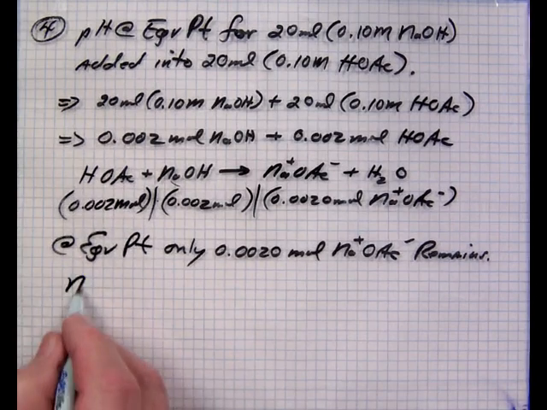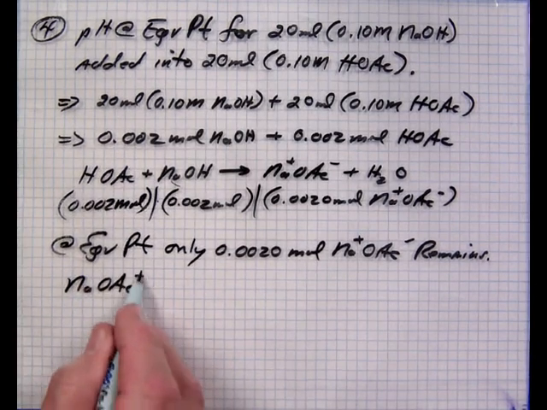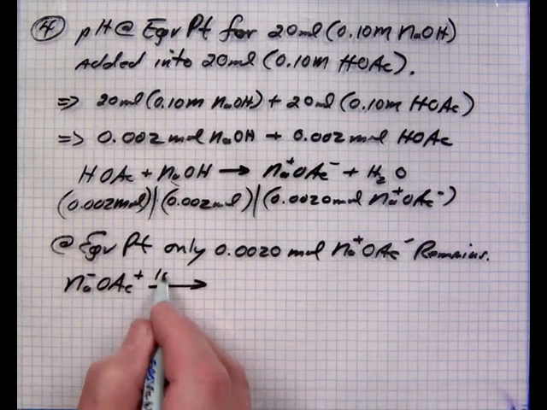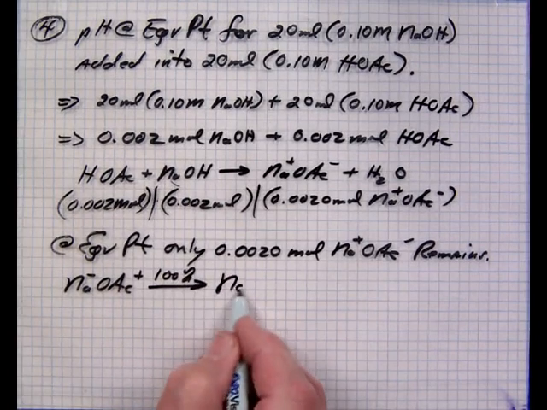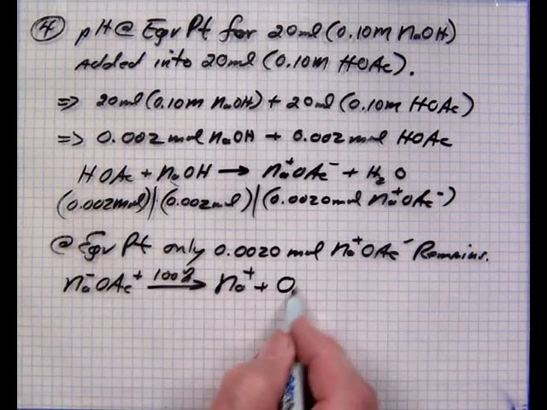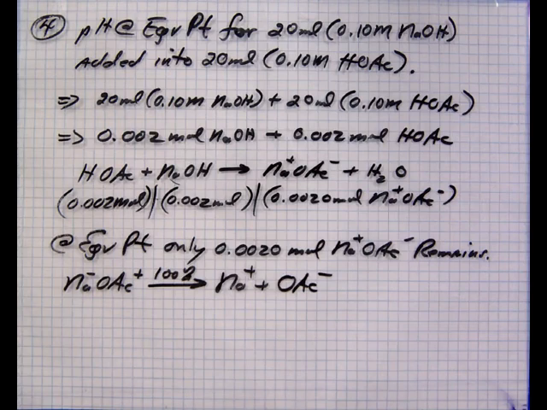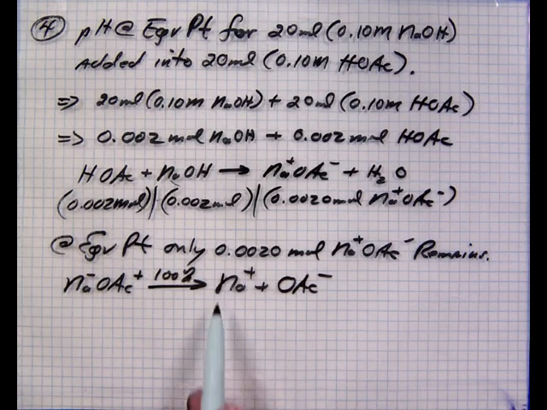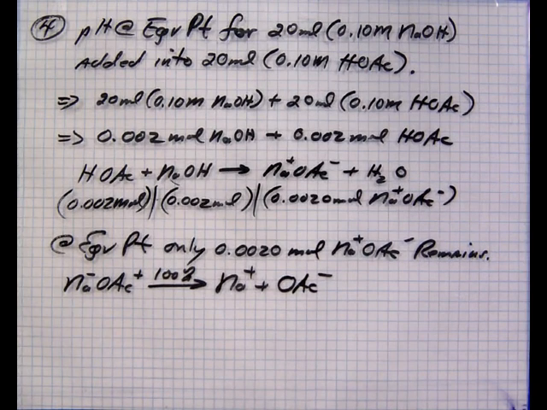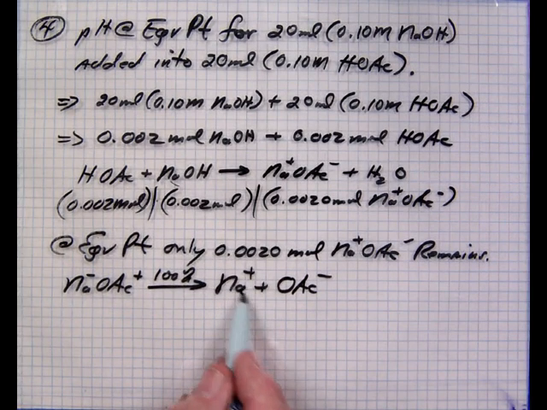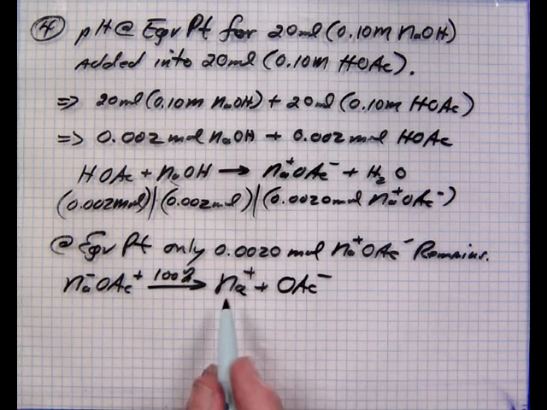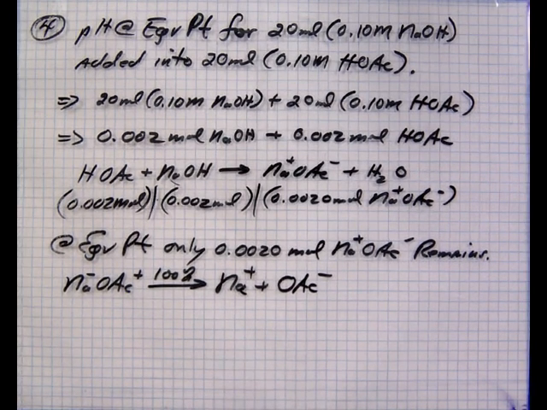Now, sodium acetate is a salt and ionizes 100% to sodium ions and acetate ions. And so the procedure is to check each of the ions theoretically reacting with water. We know that sodium reacting with water will produce no reaction because sodium and water would theoretically generate sodium hydroxide, which is a strong base.